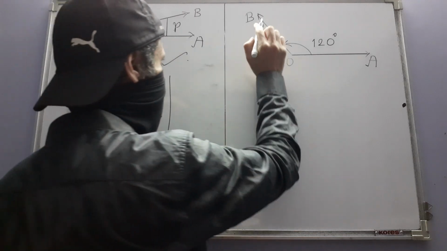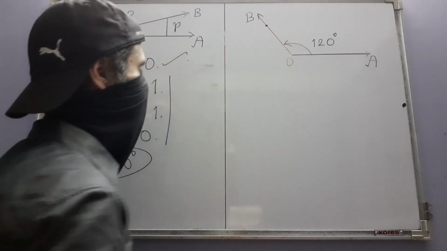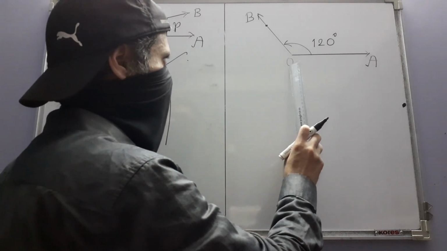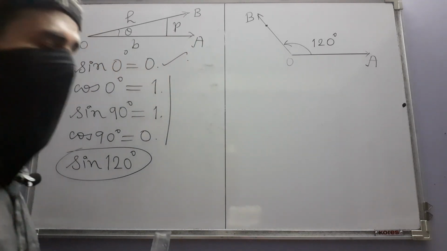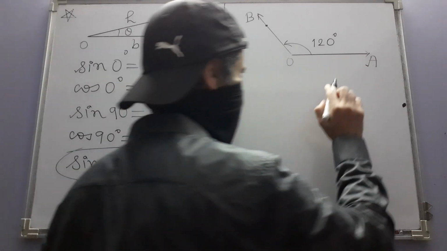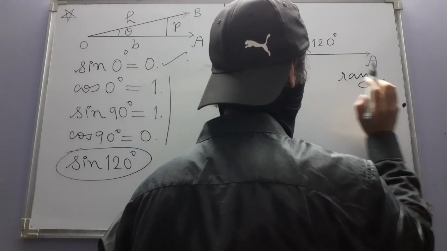Now if you choose a point on B and drop a perpendicular from B to the side OA, you cannot actually do that. Do you know why? Because OA is not a straight line. It's not exactly a straight line. OA is only a ray.